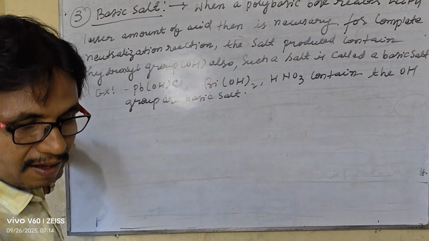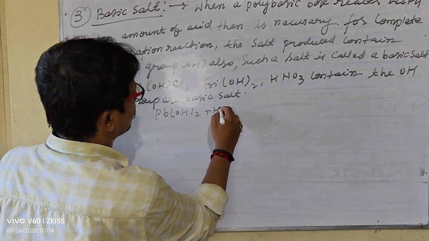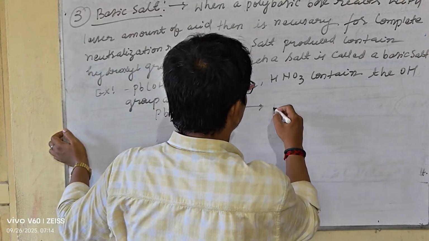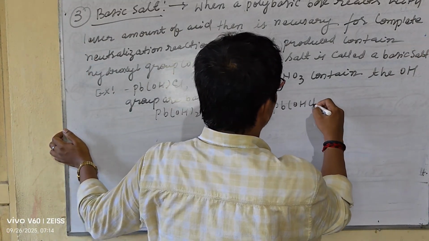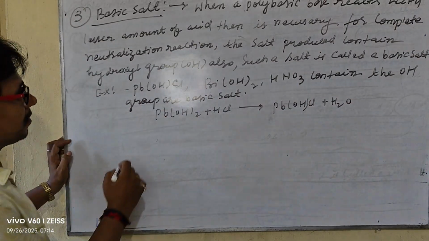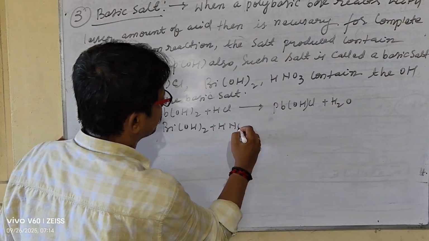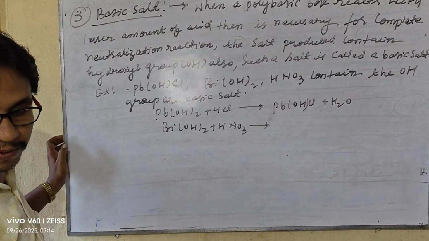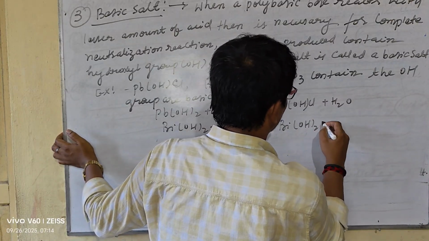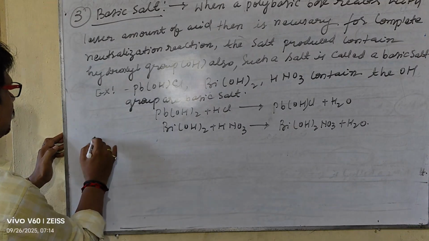Like Pb(OH)2 plus HCl reacts to give Pb(OH)Cl plus H2O. Next is Bi(OH)3 plus HNO3, which gives Bi(OH)2NO3 plus H2O.